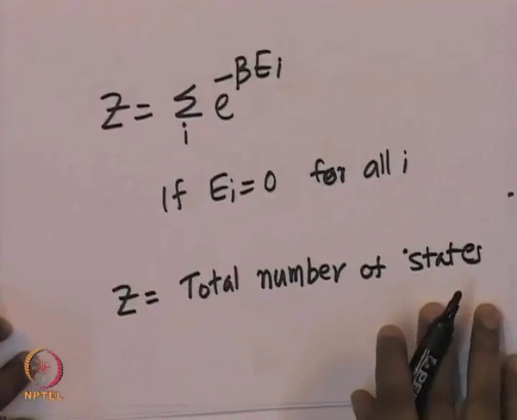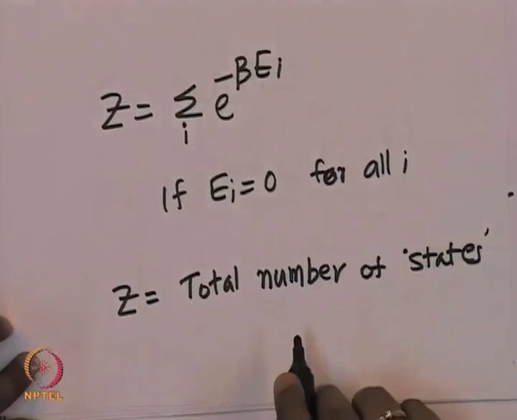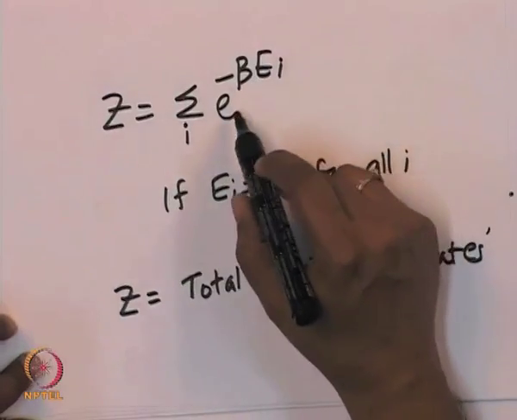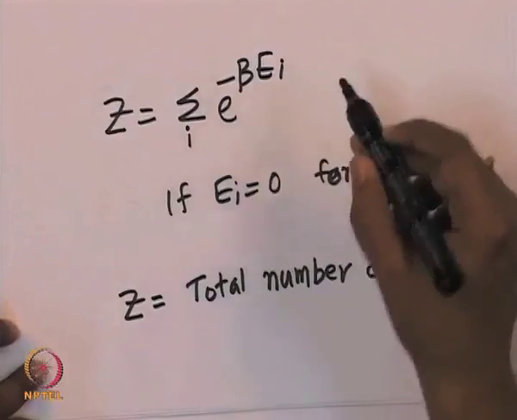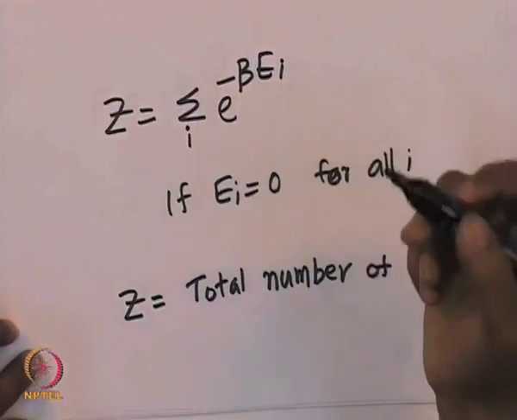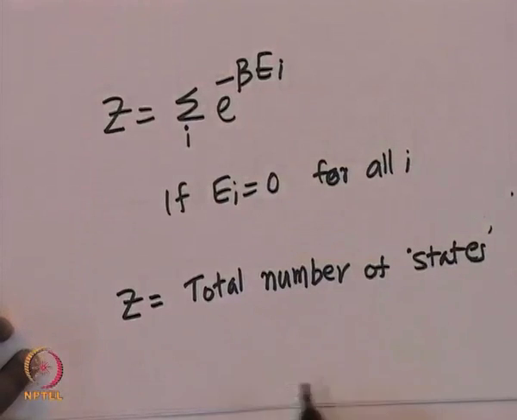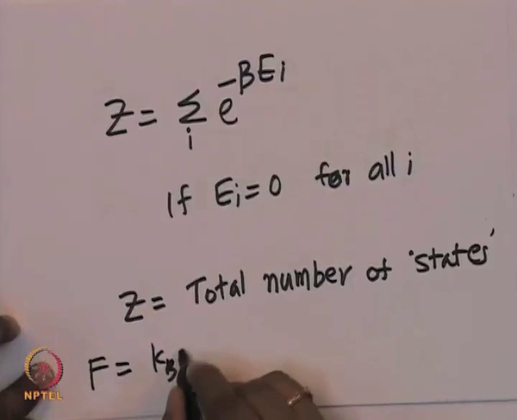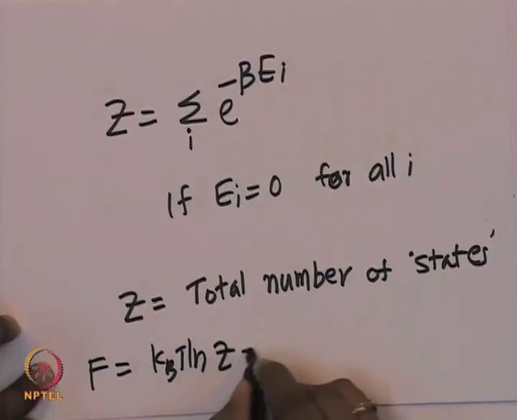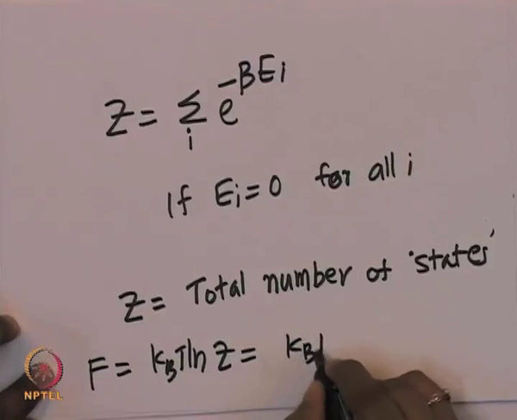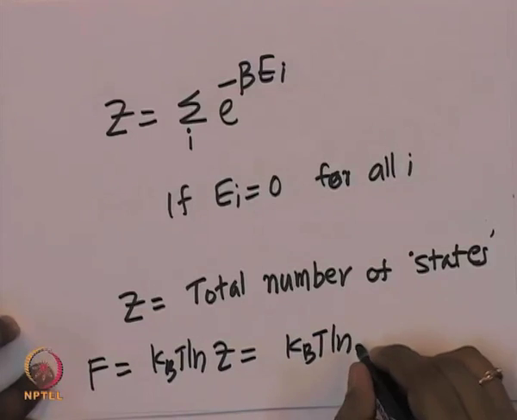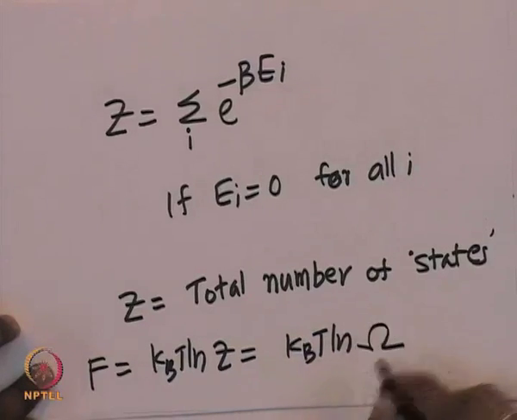So Z will be just the total number of states, because i is equal to 1 to n of e power 0. So this will be like e power 0 plus e power 0 plus e power 0, n times, where there are n states. So then the free energy will be kBT log Z, which will be kBT log the number of states omega.